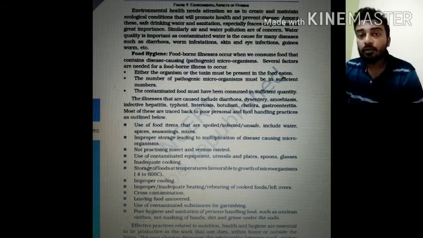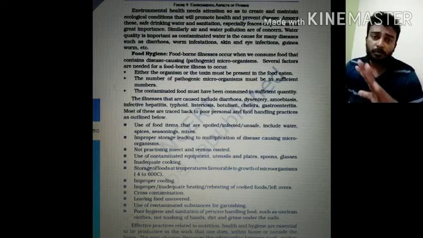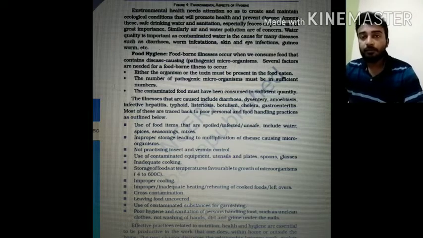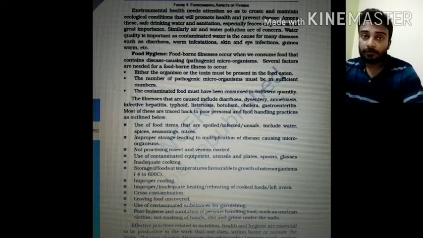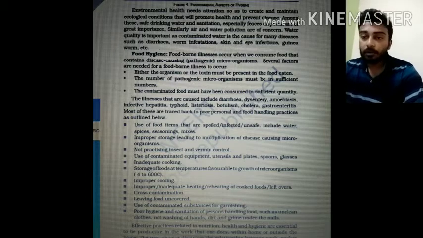Now inadequate cooking, if you don't cook your food properly, that can leave the microorganisms alive in your food, and if you eat that food, disease may occur. Also, if you don't store the food at proper temperature, disease may occur.